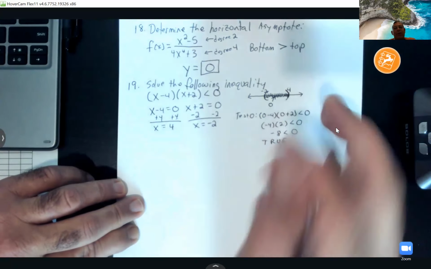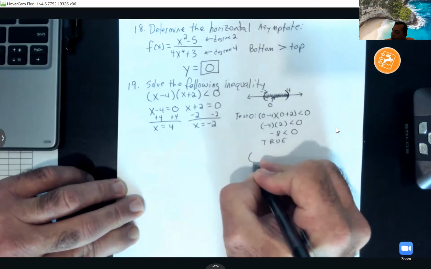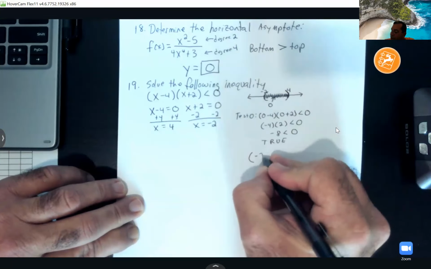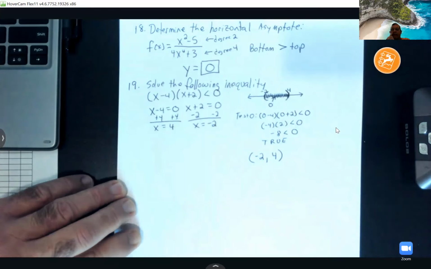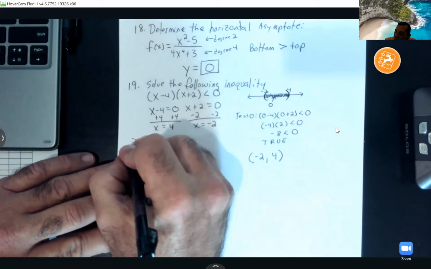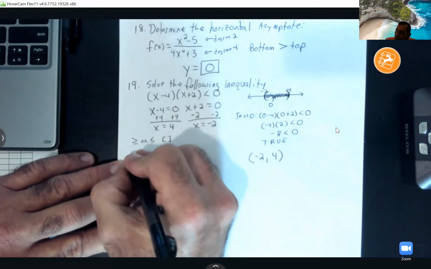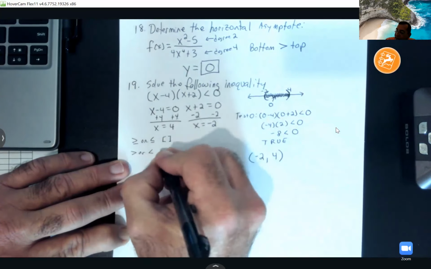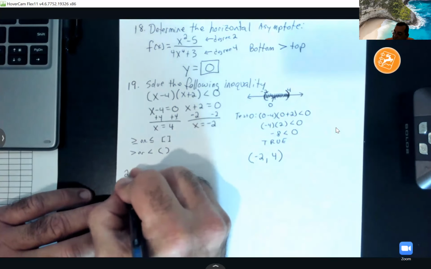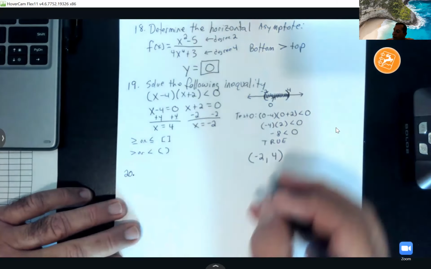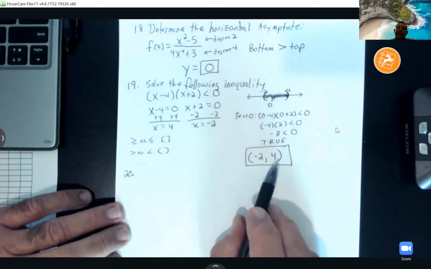I just do that so that you can get your interval notation right for your final answer. So the final answer, you got parentheses around that negative 2, and it goes to 4 and parentheses. Remember, greater than or equals or less than or equals, we use brackets. If it's greater than or less than, we use our parentheses, okay? Now MathLab just wants this, and it's got to be written with those parentheses, because it's interval notation.